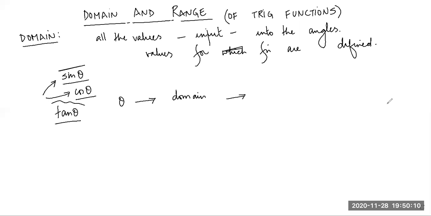Well, you take tan theta from here, theta from here. This is theta 0, this is theta pi by 2, here theta is pi, here theta is 3 pi by 2, and here theta is 2 pi.